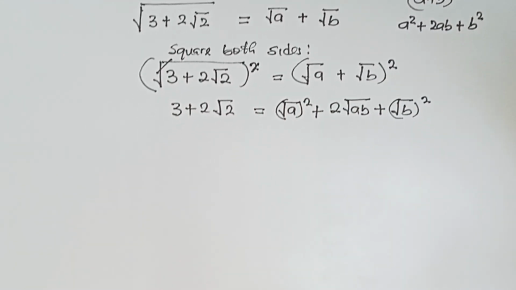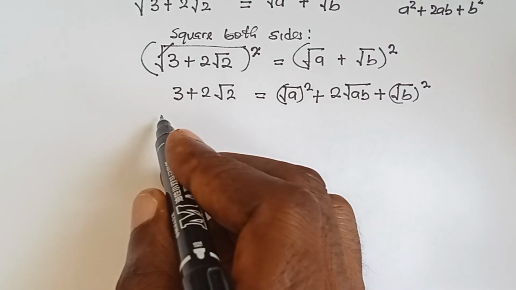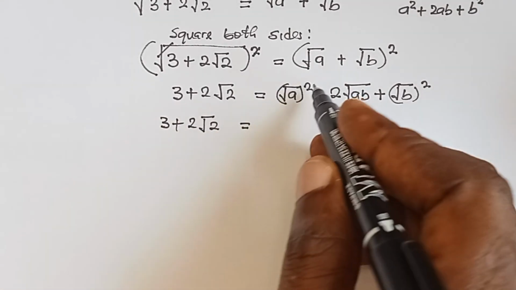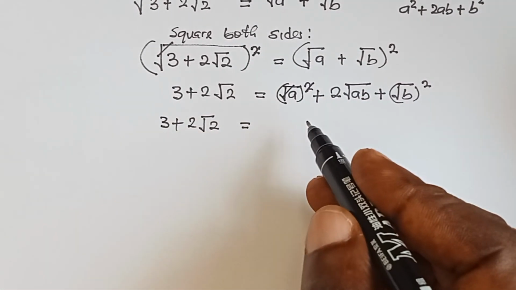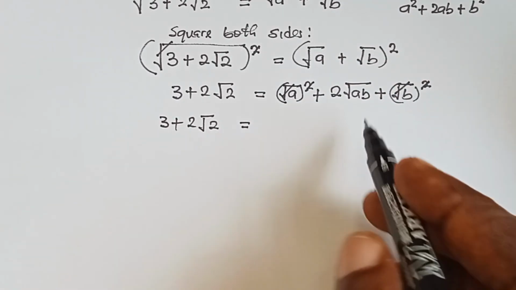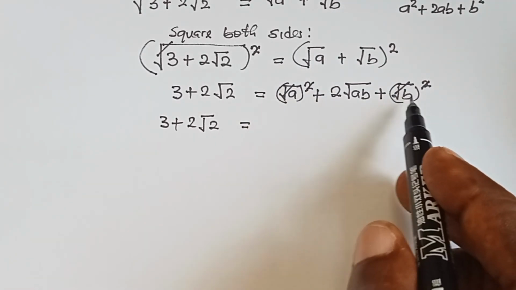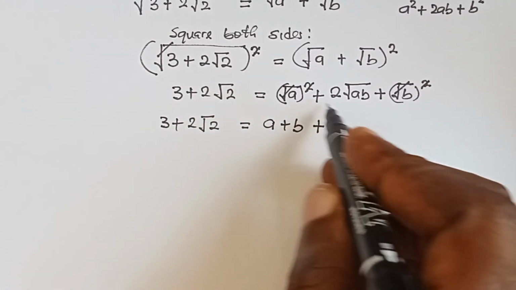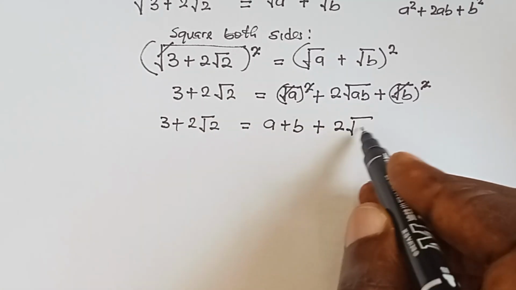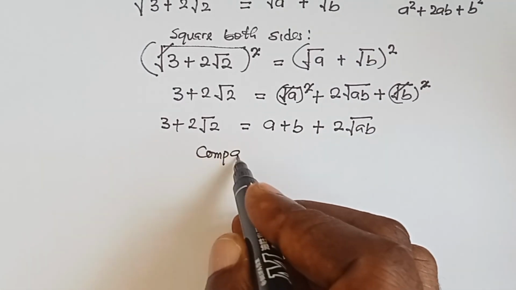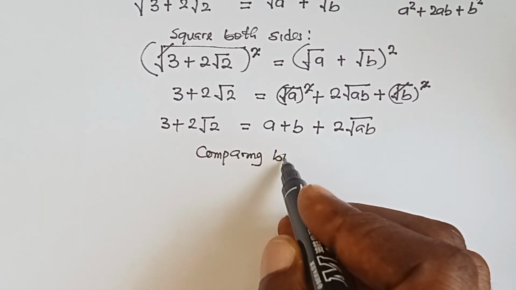Now from there we have 3 plus 2 root 2 equals to, the square cancels the square roots, and here also the square cancels the square roots. Then we have a and b, so we put them together: a plus b, then plus 2 root ab. The next thing is to compare both sides.